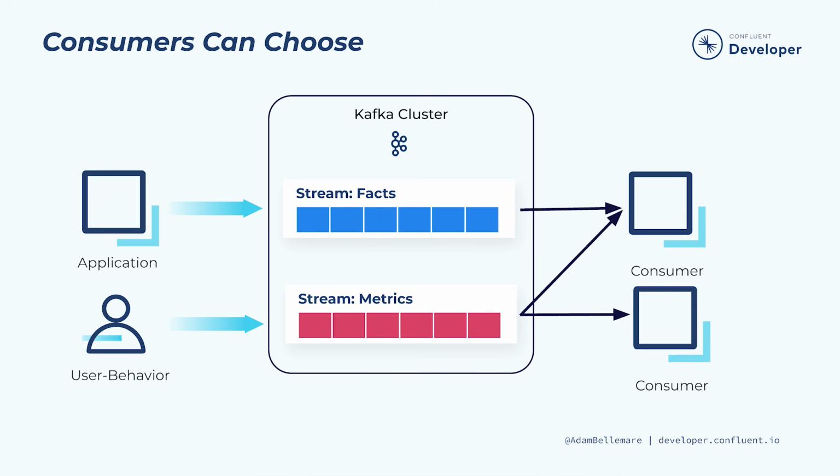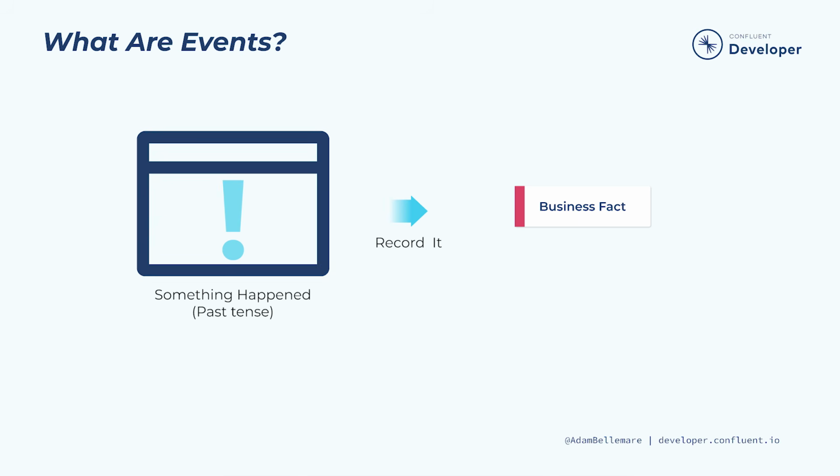Consumers can choose which event streams they subscribe to and decide for themselves what they want to do with that data. Stream processor frameworks like KSQLDB and Kafka Streams provide powerful options for building event-driven applications to put these events to good use. So while we know a little bit about how we use events, what is an event?